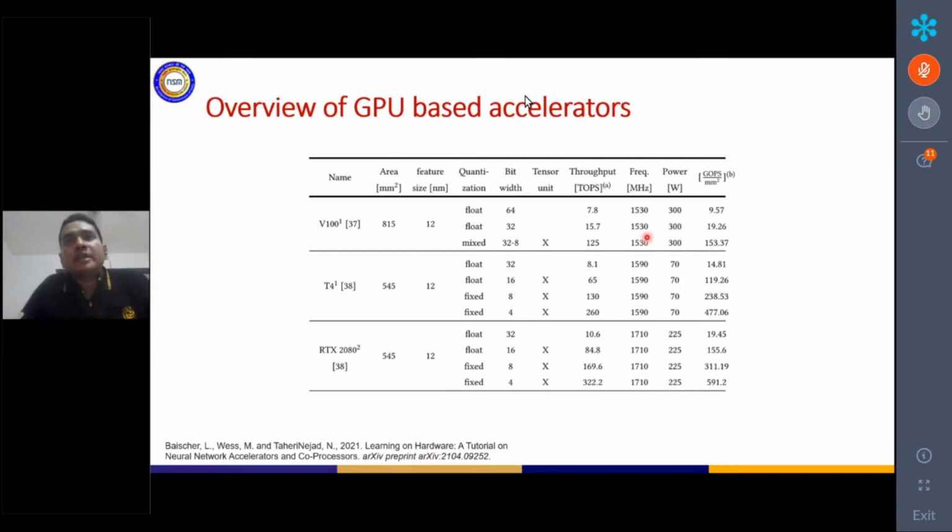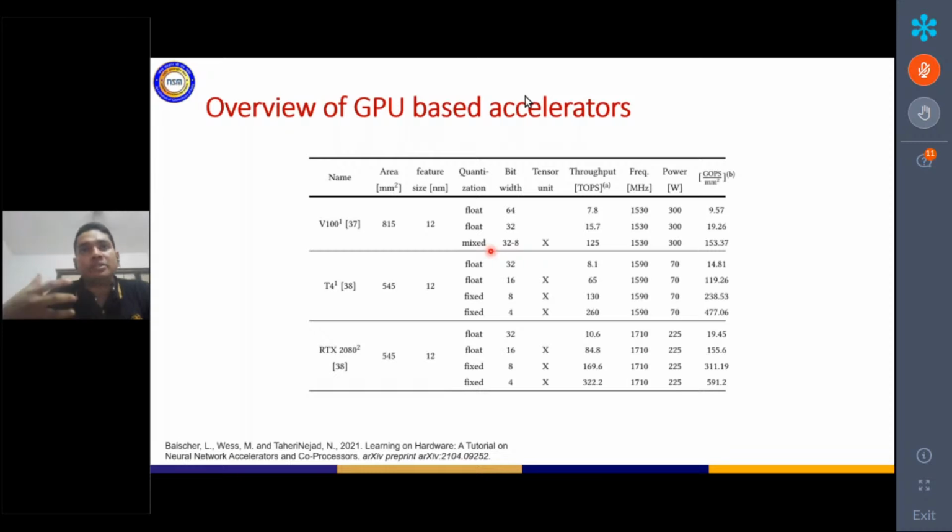But the main important thing is that you can increase the density. Take V100 in particular: you can see almost 10 times increase of performance density just by using mixed precision.